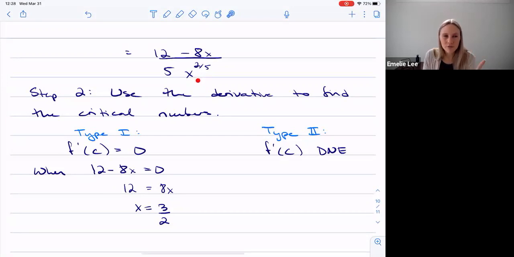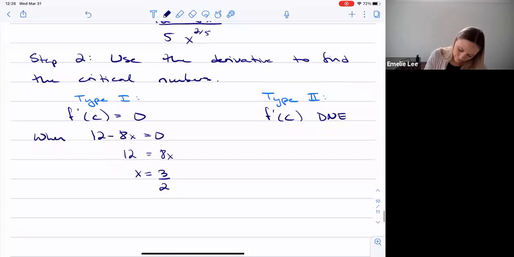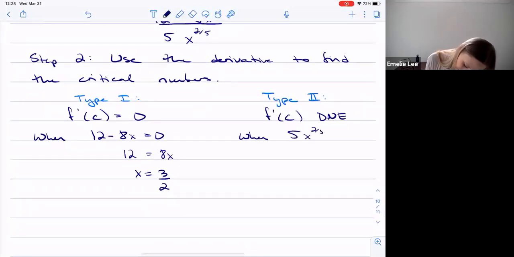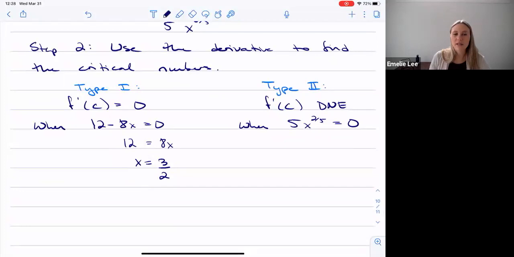So this derivative does not exist when 5 times x to the 2 over 5 equals 0. Which you can rearrange, blah, blah, blah. But you can kind of see that that's when x equals 0.